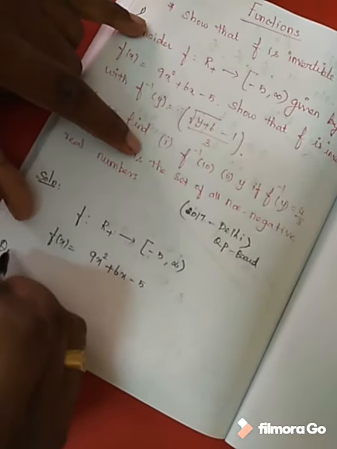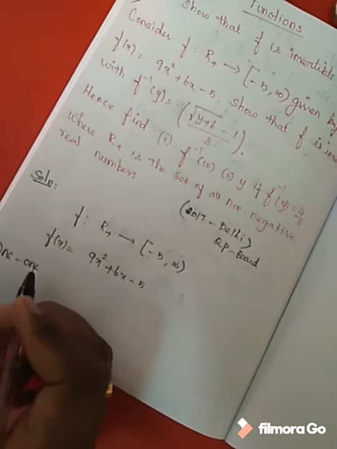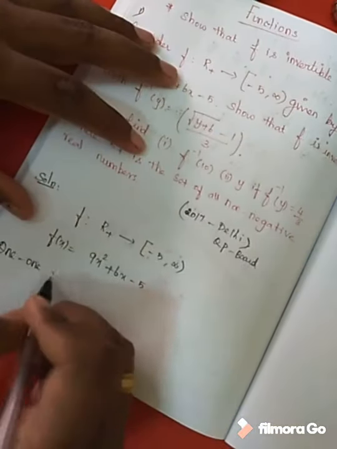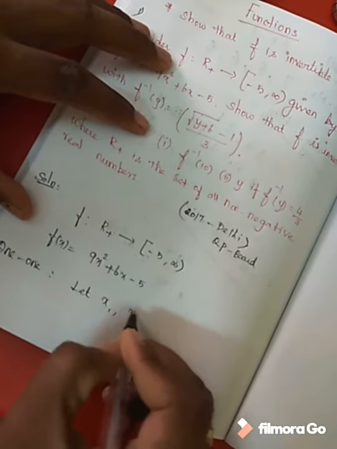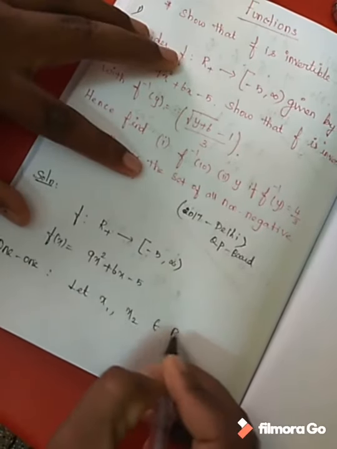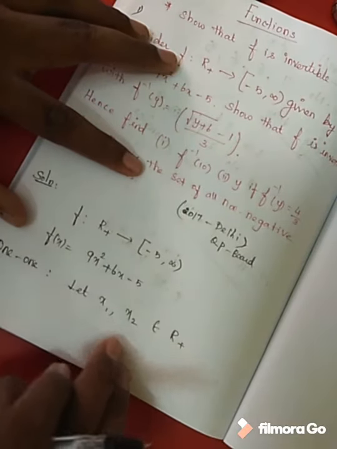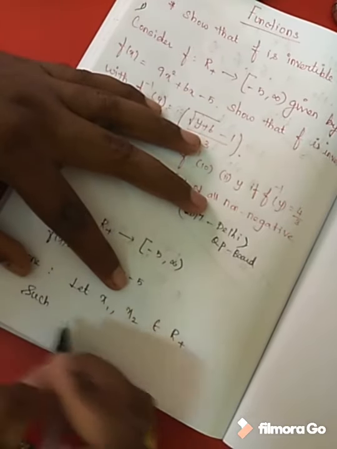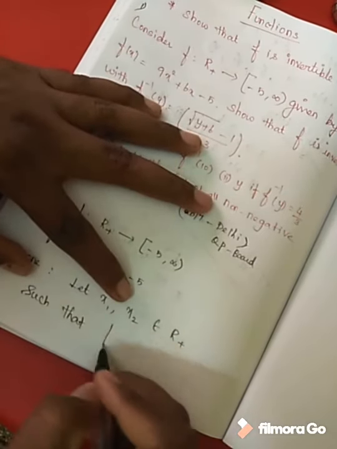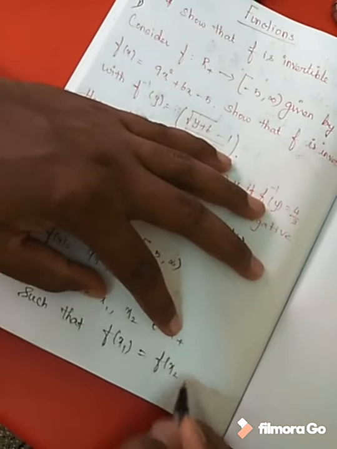First, the one-one condition. Let x1, x2 belong to R+, two different elements, such that we are taking the condition f(x1) = f(x2).